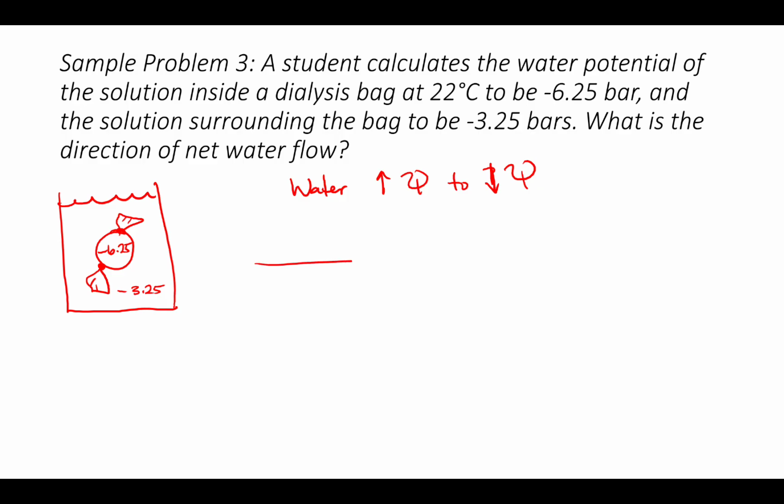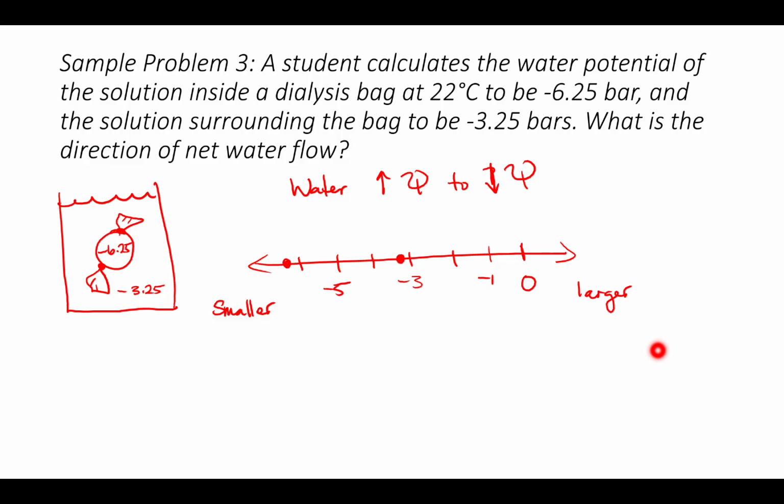But if you think about a number line, and this is what I had to do to help my students out in the past, it just helps to put this in perspective. If this was 0 on a number line, this was 1, 2, 3, 4, 5, 6 to the negative side. Negative 3.25 would be around here. Negative 6.25 would be around here. And remember, the further to the left you go, the smaller the number. The further to the right you go, the larger the number.